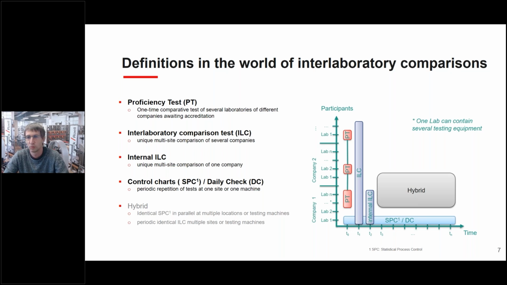And finally, which is very rare but a really strong and powerful method, is a hybrid version where you repeat a round robin over different locations, over time. And so you get a really strong data set. And then you can figure out if at any place, at any time, something is going wrong.